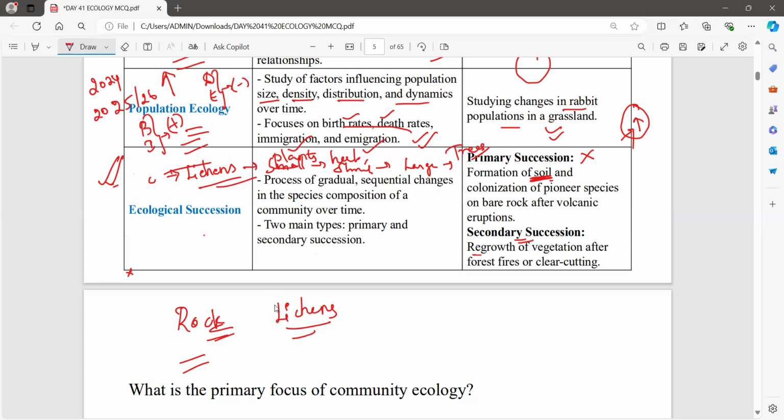So from this living thing, the other things also develop. The initial abiotic factor will be the rock. When they ask for the pioneer species, you should choose lichens because it is more appropriate, since it is the living organism formed first in the primary succession. So the herbs and shrubs will be the intermediate community, and the forest ecosystem will be the climax community. You can think like that.